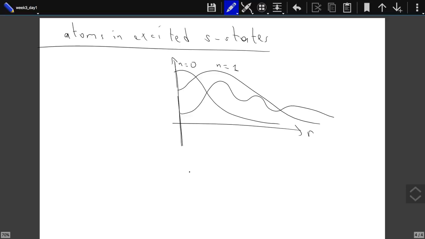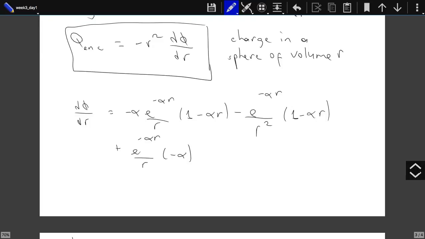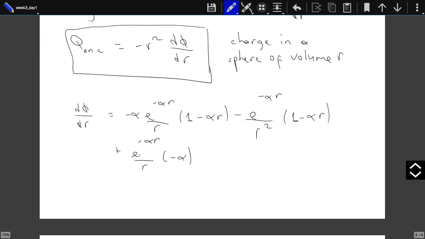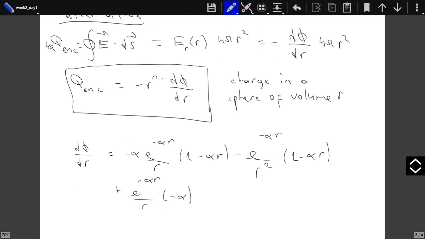As I remember, it says that there is also a positive space charge. Well, let's see. There is a positive space charge at the origin due to the nuclei.